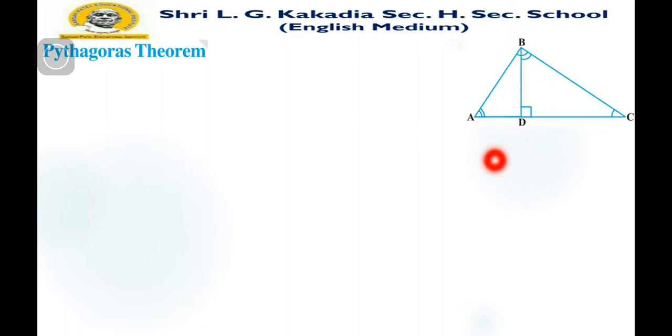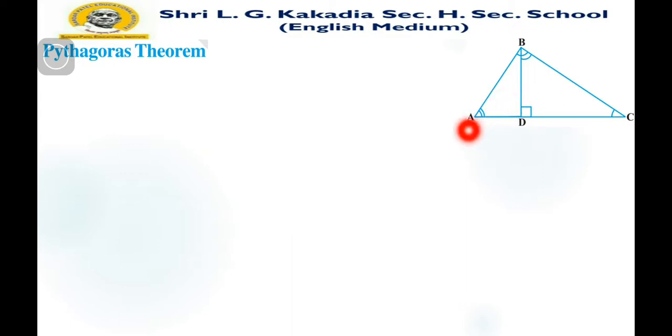Now, as you can see, angle ADB is a right angle, angle BDC is also a right angle, and angle ABC is also a right angle. So this perpendicular divides triangle ABC into similar triangles.